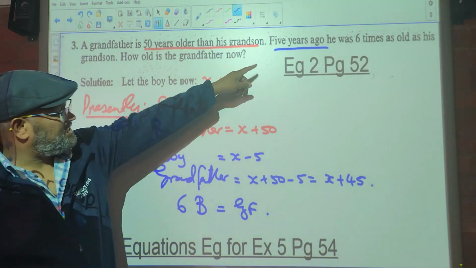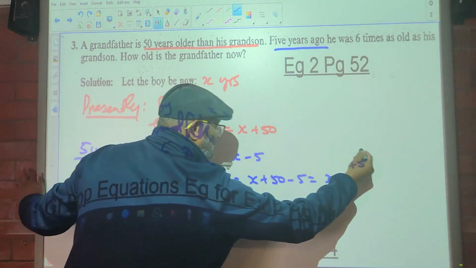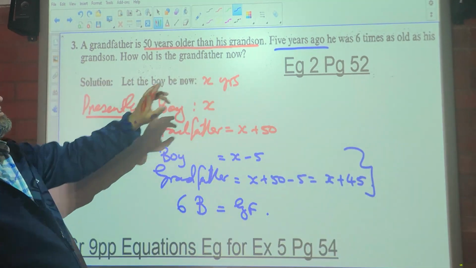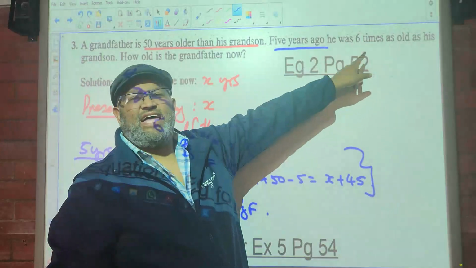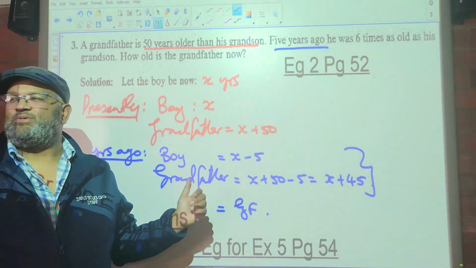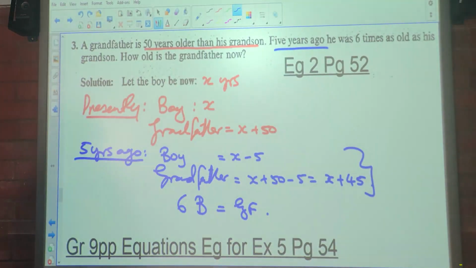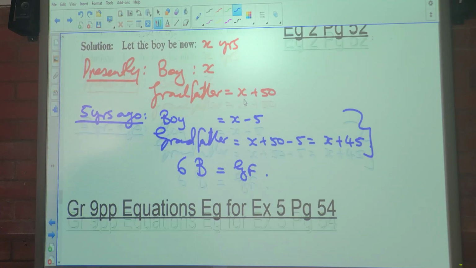Again, 5 years ago, he was 6 times as old as the grandson, which means to say whatever the grandson's age was 5 years ago, I must multiply it by 6 to get his age then. The question says, how old is the grandfather now?